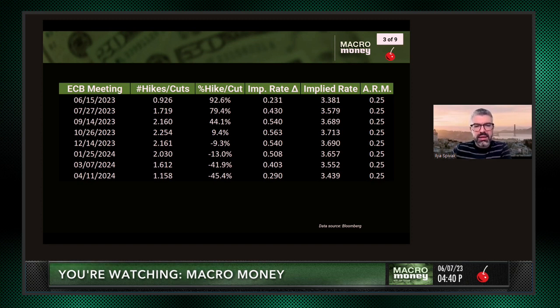What you see then is things start to deteriorate. And come April of next year, which is where the current pricing runs out, you've already had essentially 1 cut. You can see that cut really start to show up in March.